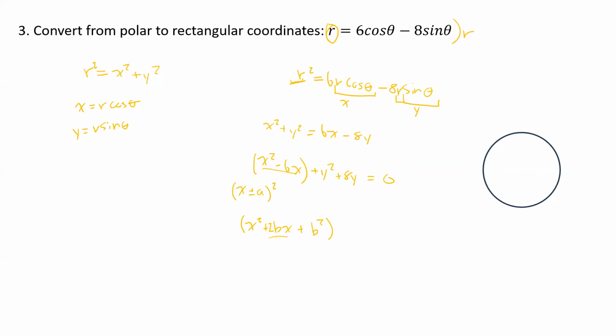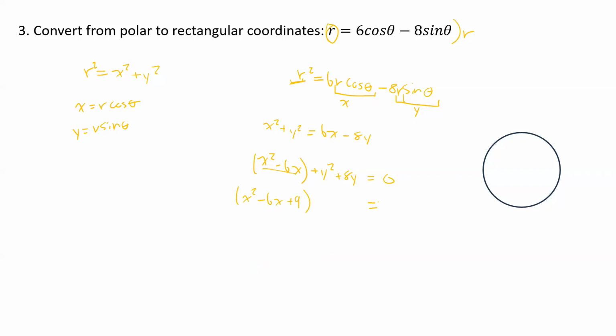So if we know that the middle term has to be 2bx, it has to equal 6, so 6 has to be equal to 2b. We can just solve for b, so b is equal to 3. So then, I'm going to erase this because I wrote it really big. This here would be x squared minus 6x plus 9, right?